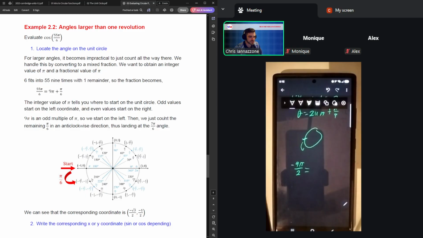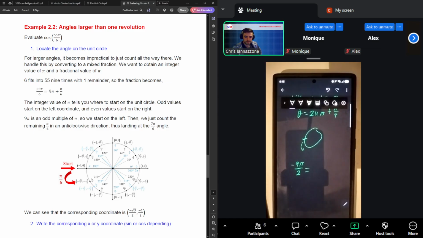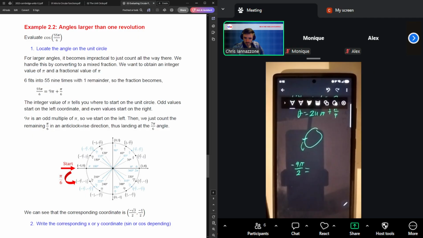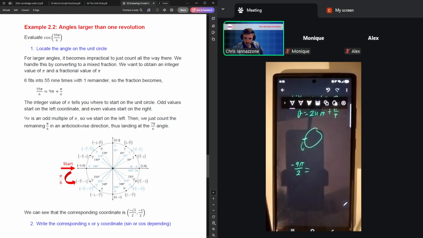I'll pull up the example again. Pi plus half pi.